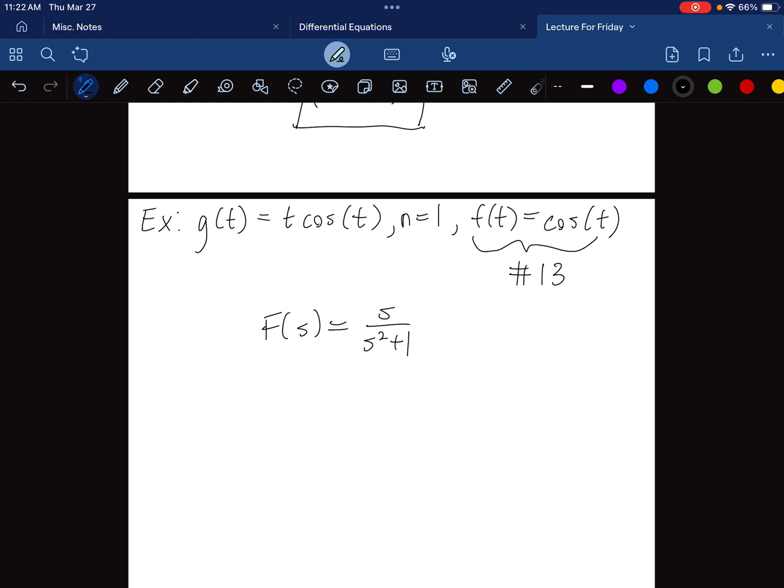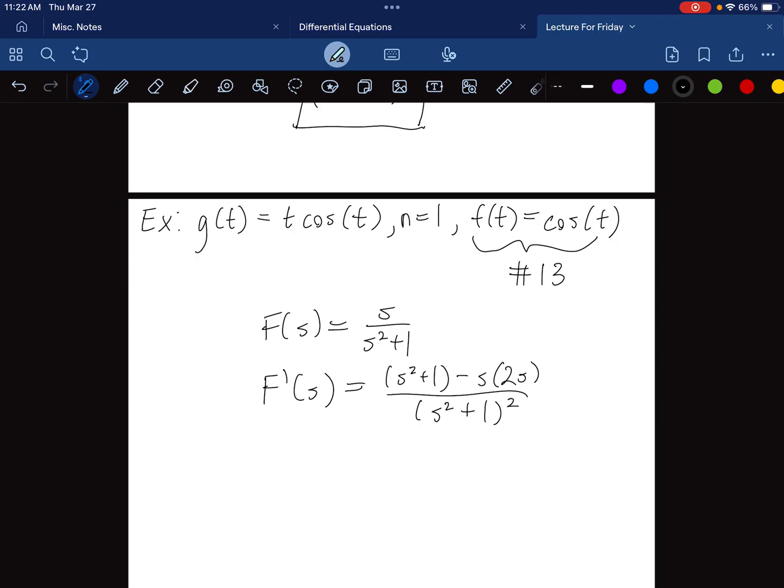And again, we want to take the derivative of this capital F of s. So that is, again, just the quotient rule. It's going to be s squared plus 1 minus s times 2s all over s squared plus 1 squared.